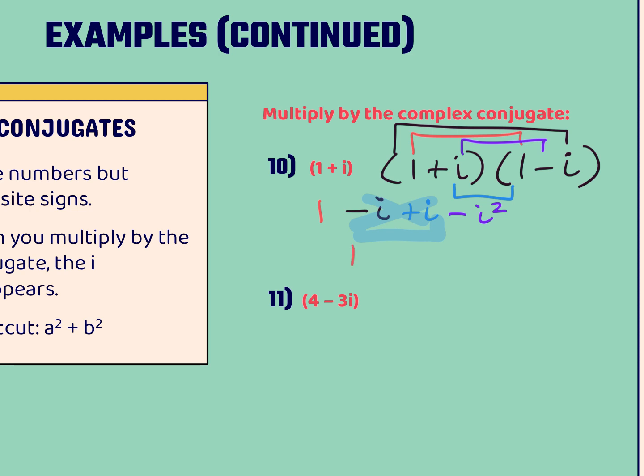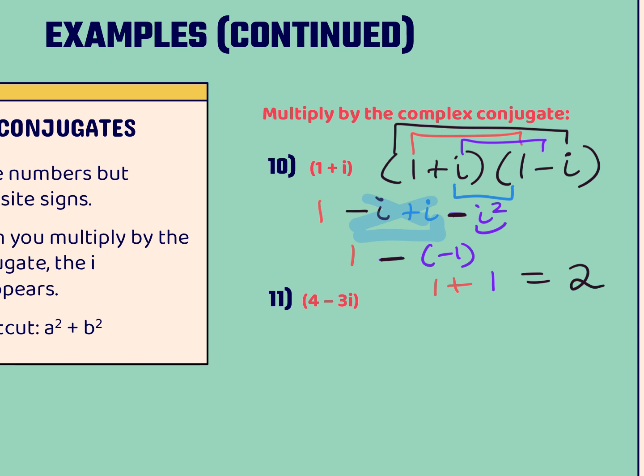I'm also going to replace the I squared with a -1. But notice I kept the subtraction sign here, and then this negative turns into 1 plus 1, and then the final answer is just 2. So shortcut, whenever you're multiplying by the conjugate, you can just do first and last. Essentially it becomes a squared plus b squared.